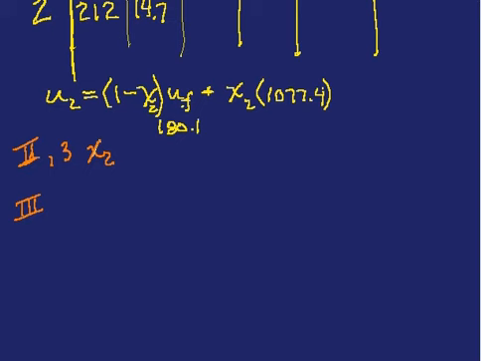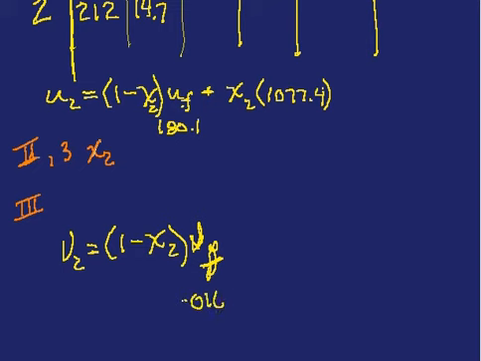V2 is equal to 1 minus x2 times VF, and VF is very small for the liquid, 0.01671, plus x2 times VG, which we found earlier was 26.8.